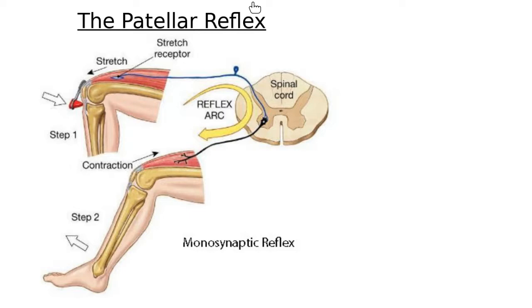With those reflexes, let's make a list over here of what we need to know about the 4 that we talked about in class. So the first thing we need to know about each of the reflexes is what their stimulus is. If you were to try to describe in easy words what the word stimulus means, can we think of an easy way to describe what a stimulus is?